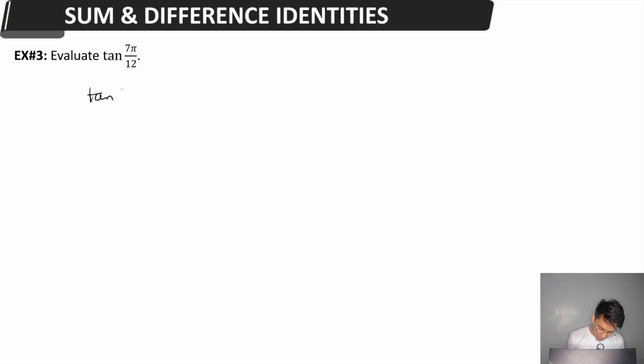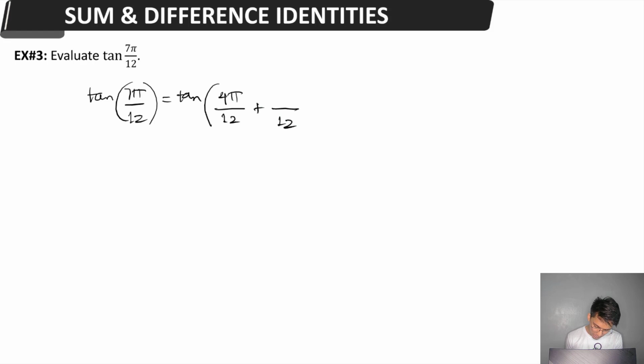Kasi kung hindi special or quadrantal angle ang gagamitin natin, mas lalo tayong magiging complicated. Tangent 7 pi over 12 can be rewritten as, let's say, tangent 4 pi over 12 plus 3 pi over 12, which is equal to 7 pi over 12.